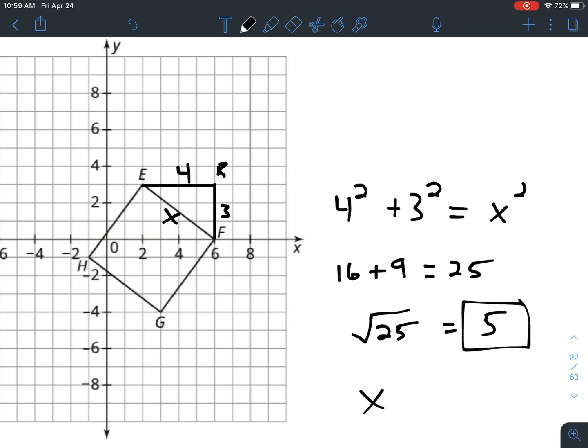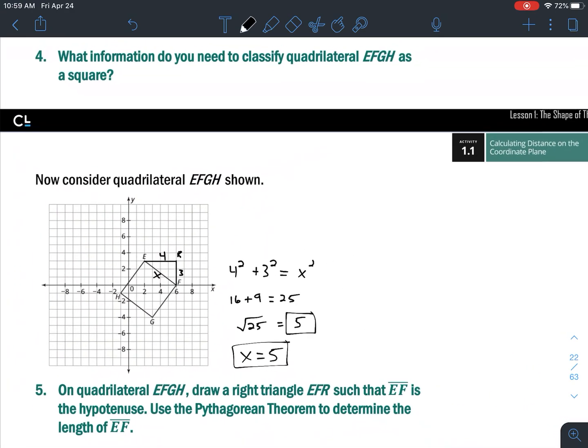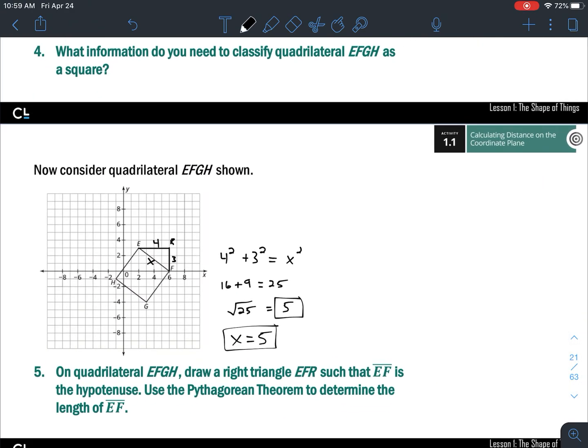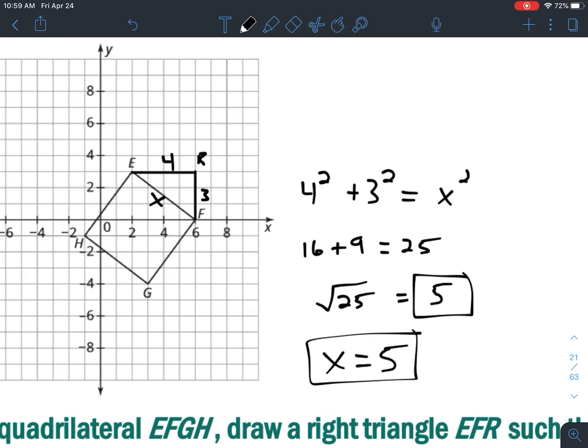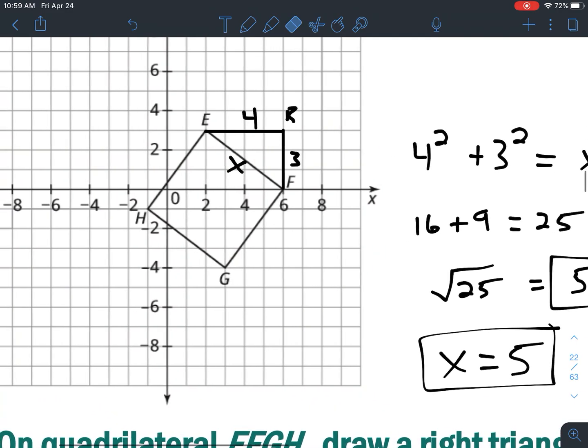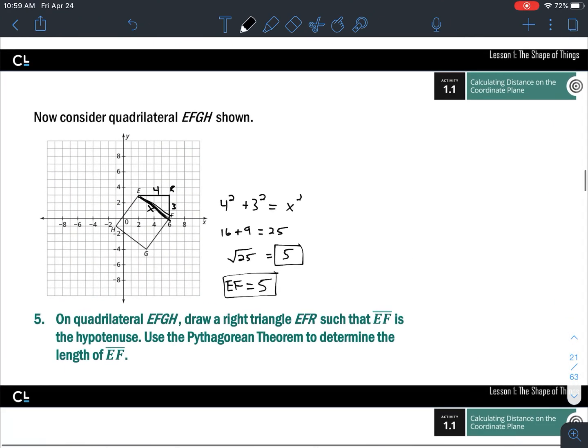So essentially this x is 5 units long. Okay? Or I shouldn't say x, EF. I'm sorry, guys. I'll write this as EF, because that is what our segment here that we're trying to find is.